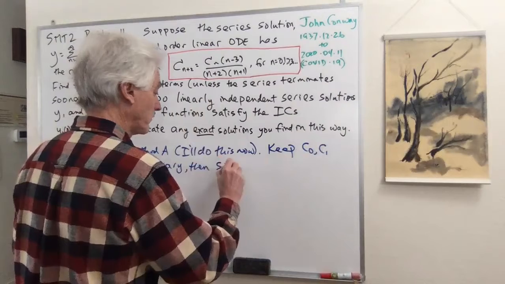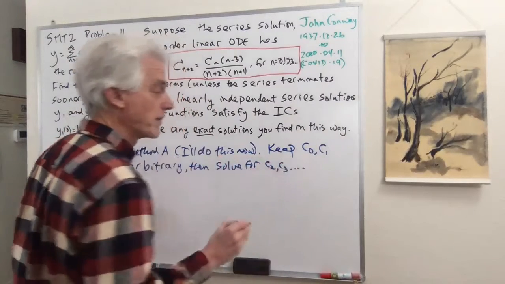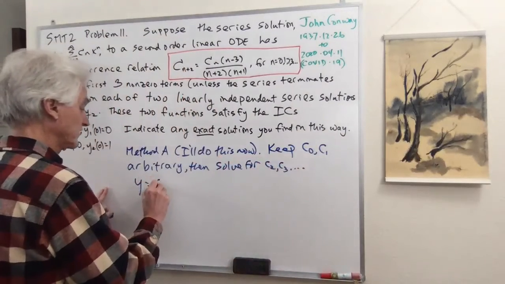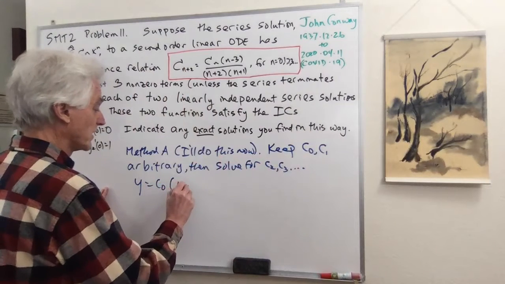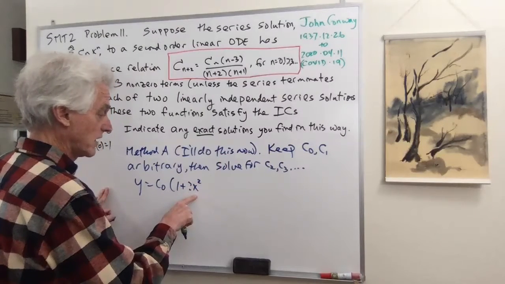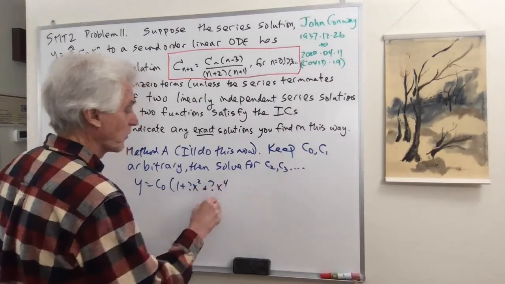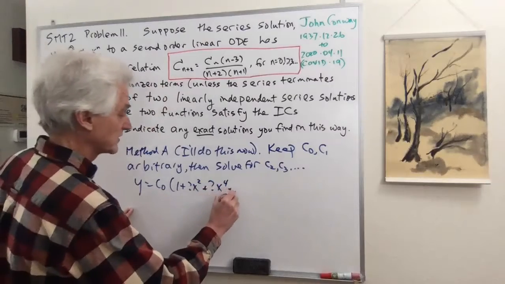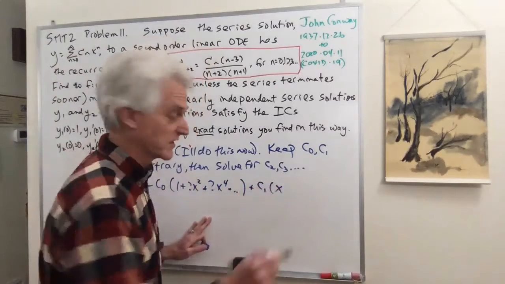Then solve for C2, C3, etc. And you get y is C0 times 1 plus something times x squared. You don't get an x term, plus something times x to the 4th, and with this kind of symmetry, plus dot, dot, dot, plus C1 times something that starts with an x.